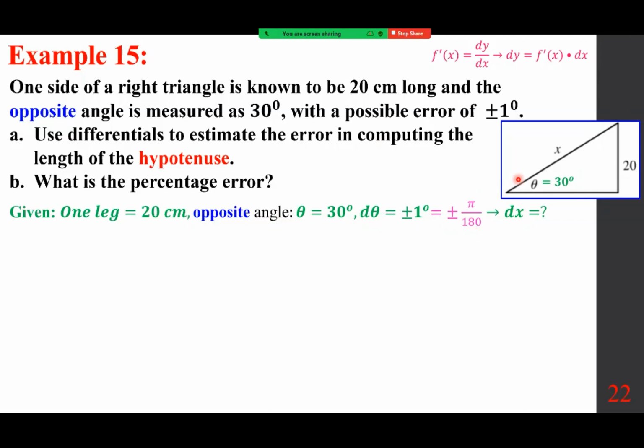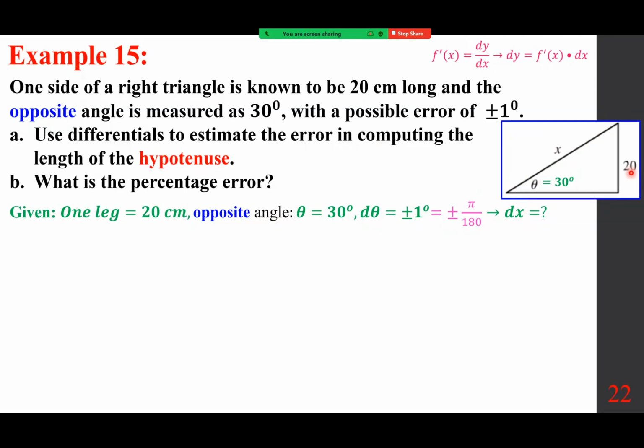And we want the change in the hypotenuse, the error in the hypotenuse. Therefore, we want the x. So we want to relate the x and theta and 20. That's the bottom line, x and theta in essence.